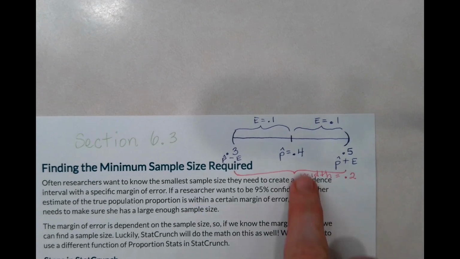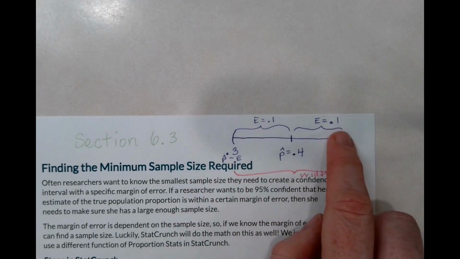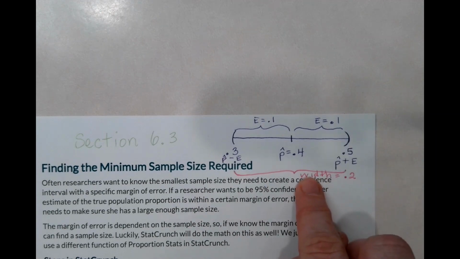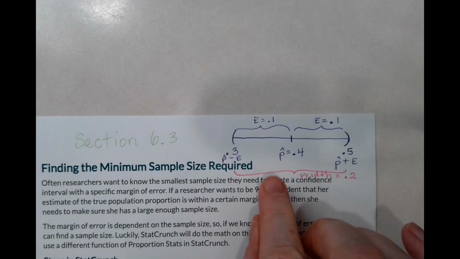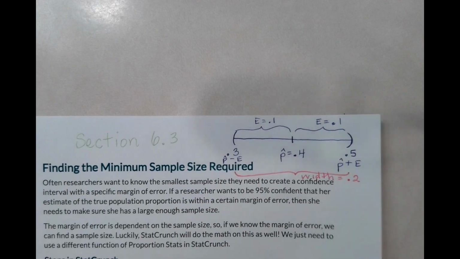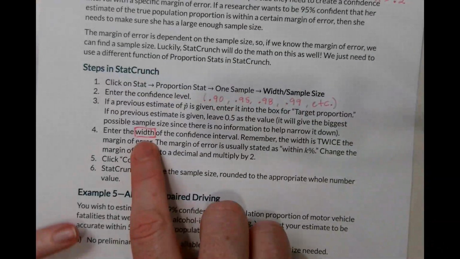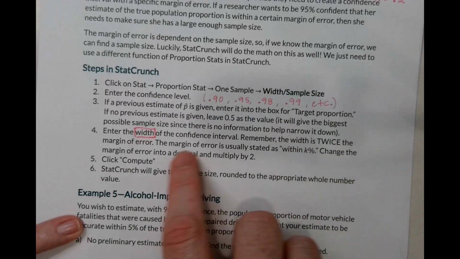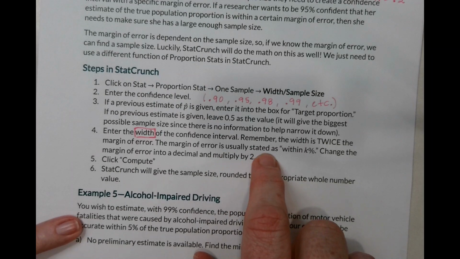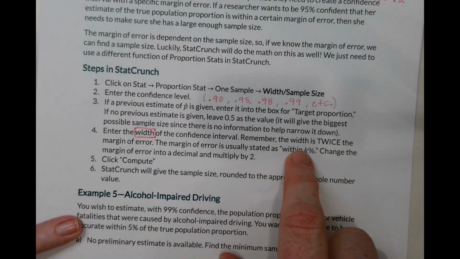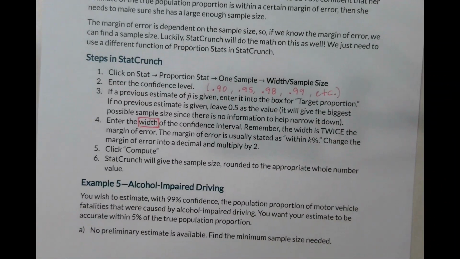So we are going to be given a margin of error. We are going to need to multiply it by 2 so that we can have the width, and then the width is what needs to go into StatCrunch. The way that the problem will give us that information is it will usually say that we want our estimate to be correct within some percent. So let's see.